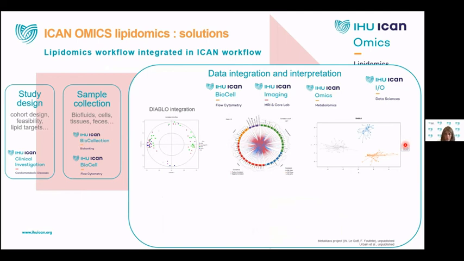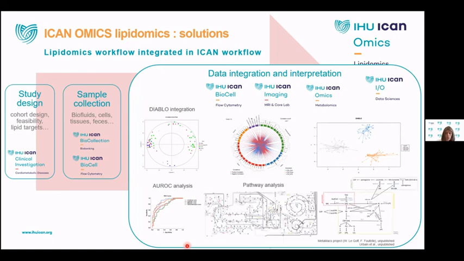So this is an example here of the MetaMax project, which aimed at characterizing macrophages from different tissues in different pathologies. We can also run network analysis, obviously, and we also help at data interpretation via pathway analysis and other customized tools.